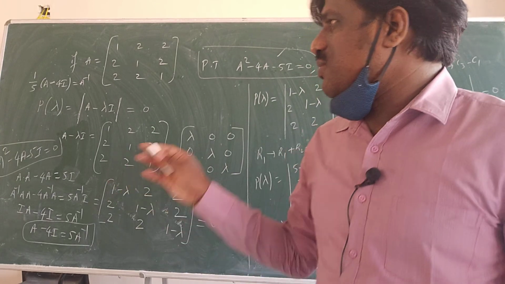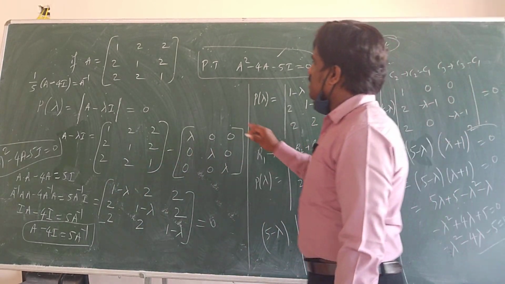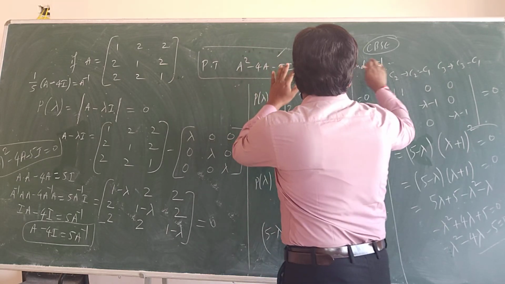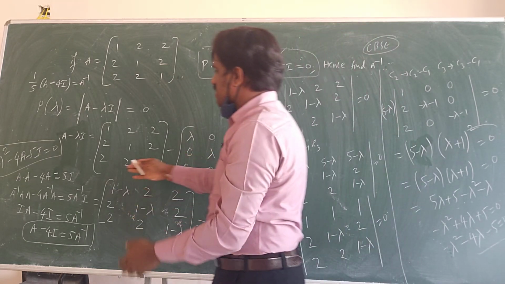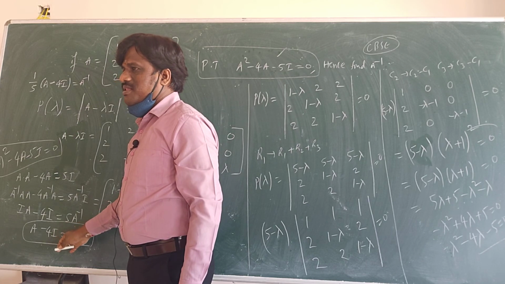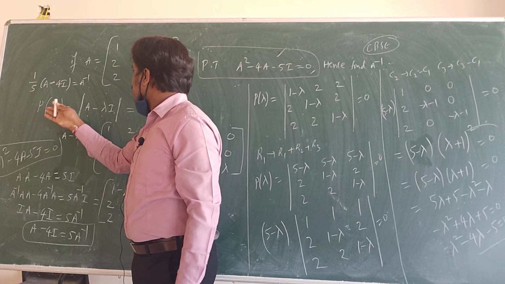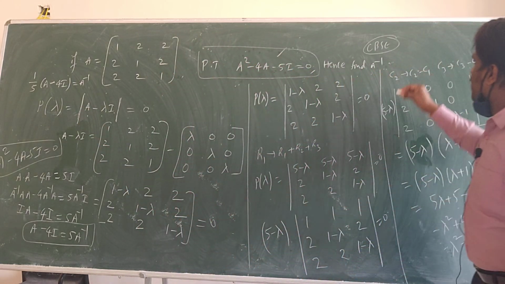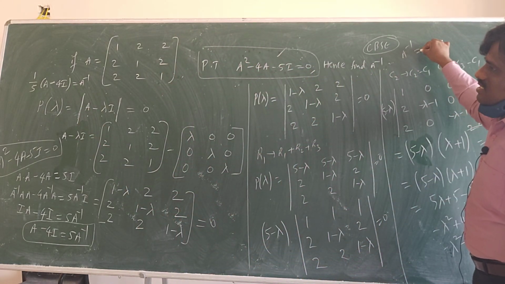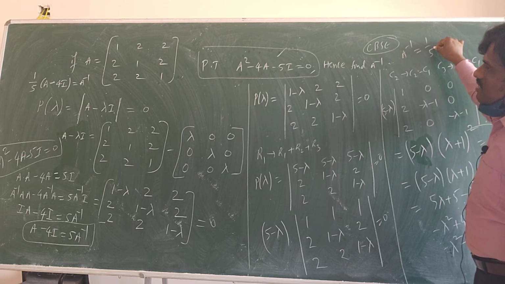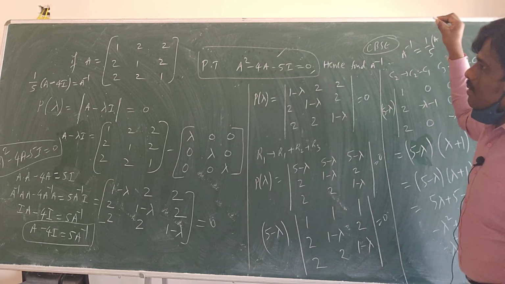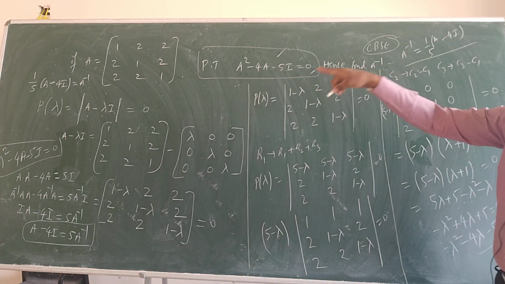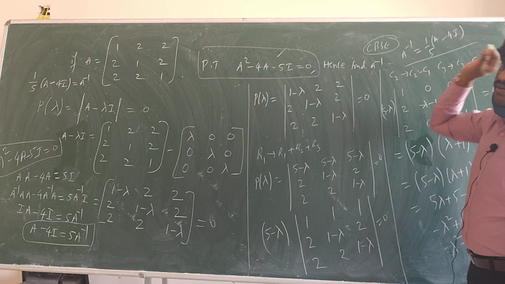You may think why I explain all these things. See, this is a matrix, and think this is not given. They are asking A inverse, and the options are in this form: A inverse is equal to 1 by 5 into A minus 4I. They give A and the options are in this form.